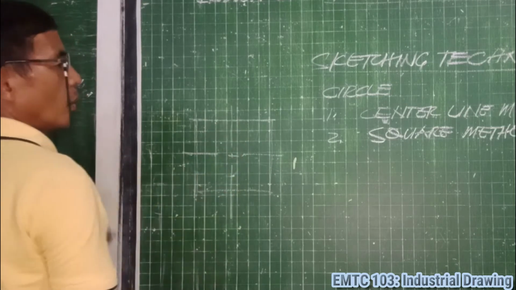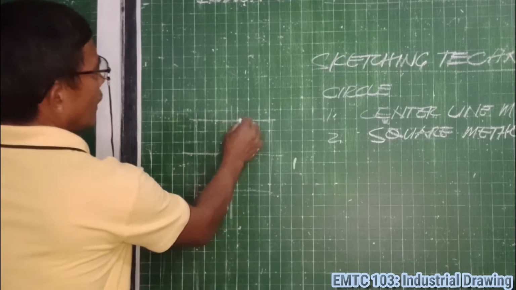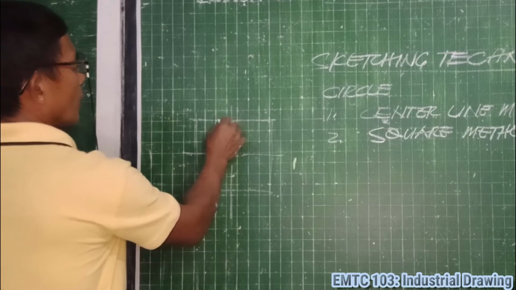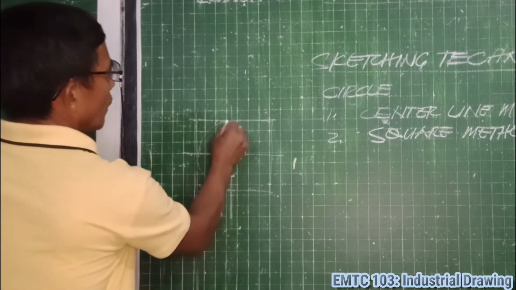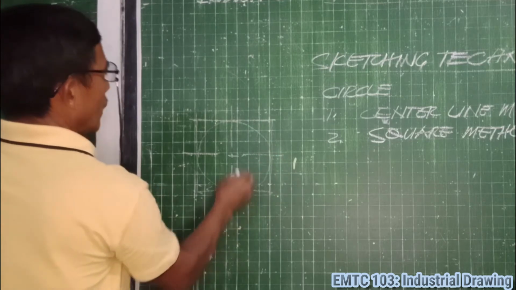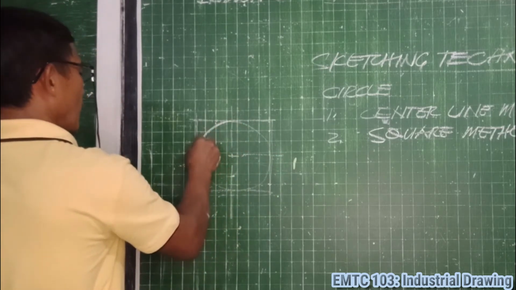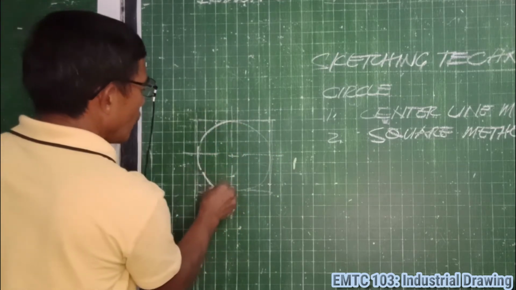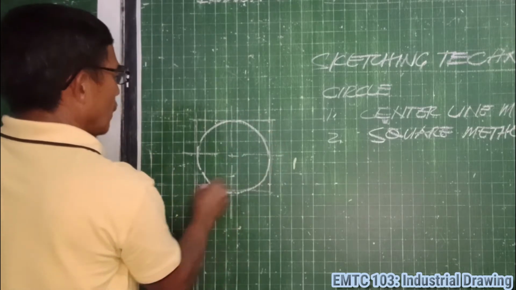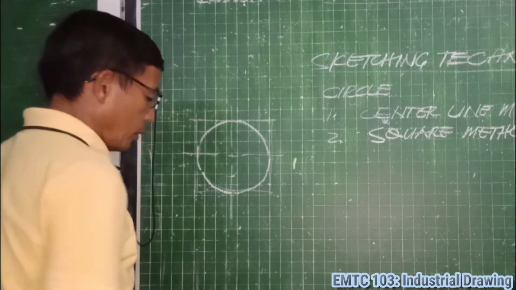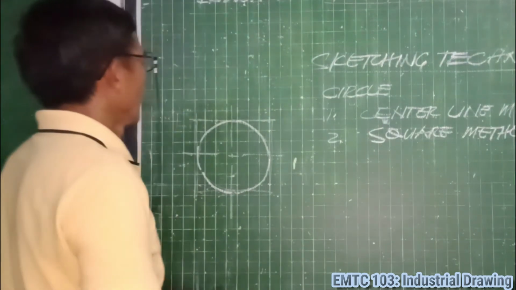Then, draw an arc tangent to the edge of the square. Then we have this one. After that, darken with a dark line. That is what we call the square method.